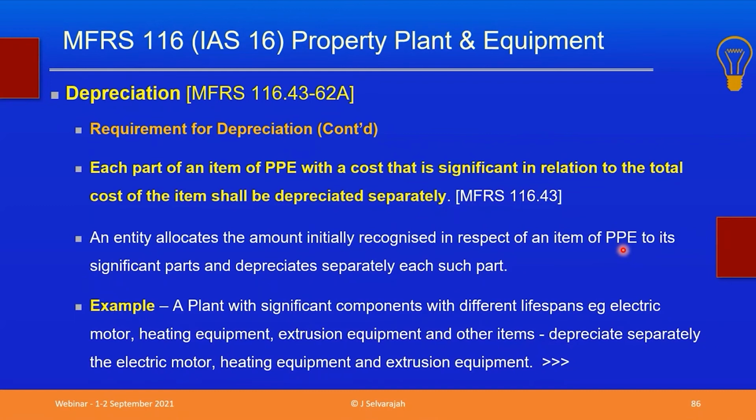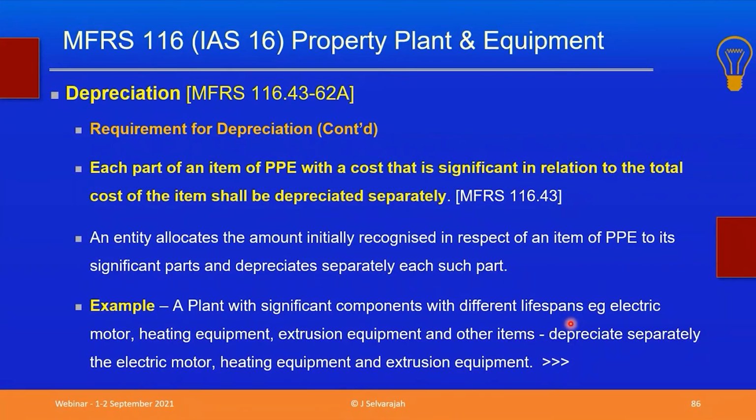Motor, how much? Allocate. Allocation basis, how to do? This is where you have to go back to the manufacturer to find out. The numbers don't drop from heaven. You have to actually find out the numbers, right? And depreciate each part separately. So a plant with significant components with different lifespans. Now, significant components with the same lifespan, you don't do it like that, because all these components have the same lifespan, so one rate will do.